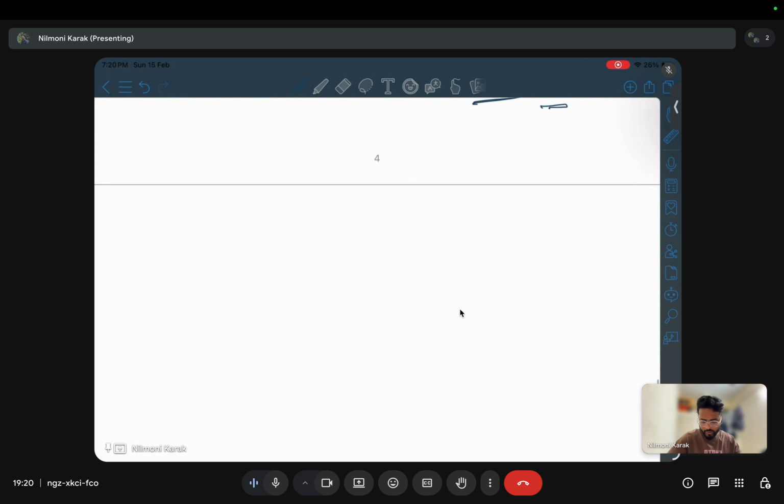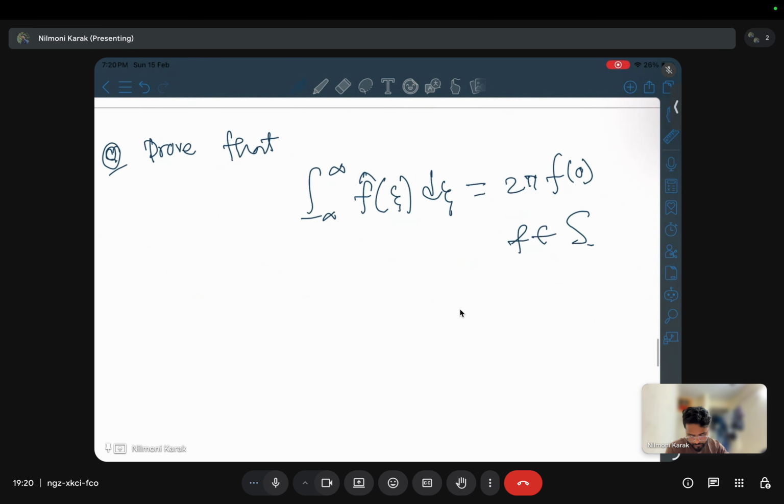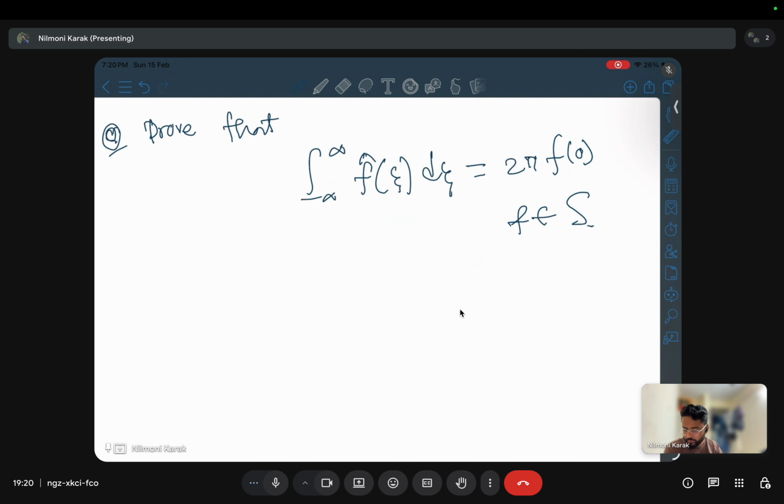Here is one exercise in analysis: prove that the integral from minus infinity to infinity of f hat(xi) dxi equals 2 pi f(0), where f belongs to S. It is already done in lecture.